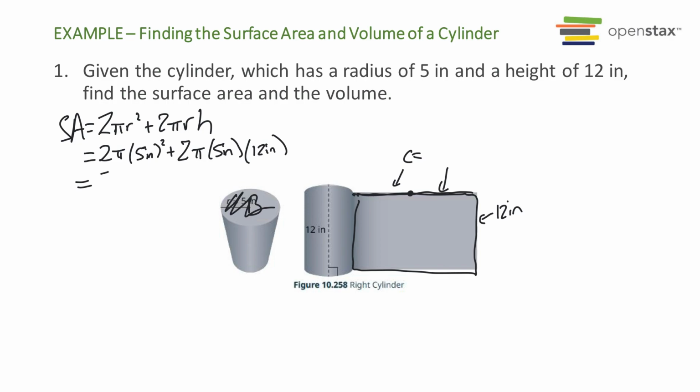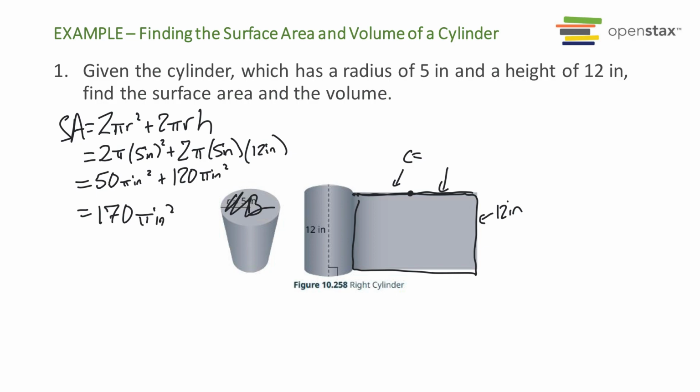And so what we get here is 50 pi square inches plus, let's see, 5 times 12 is 60, times 2 is 120 pi square inches. So we're looking at 170 pi square inches.